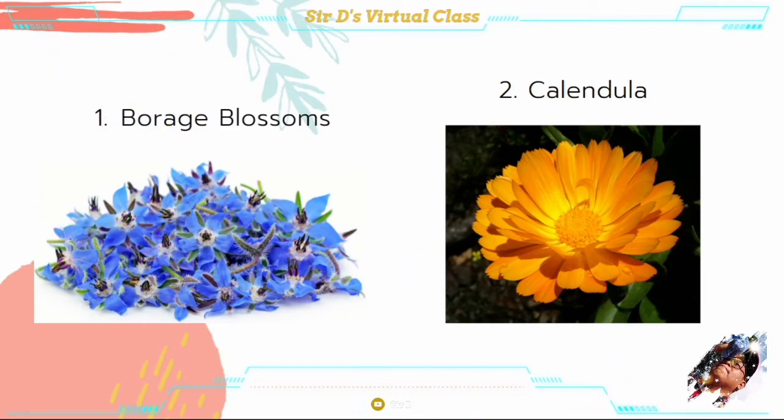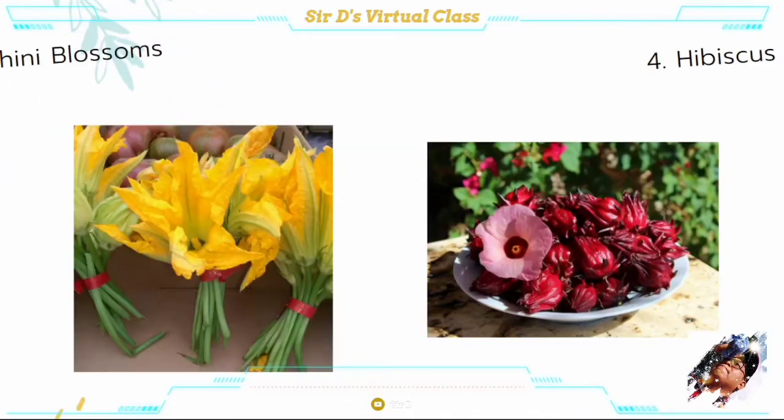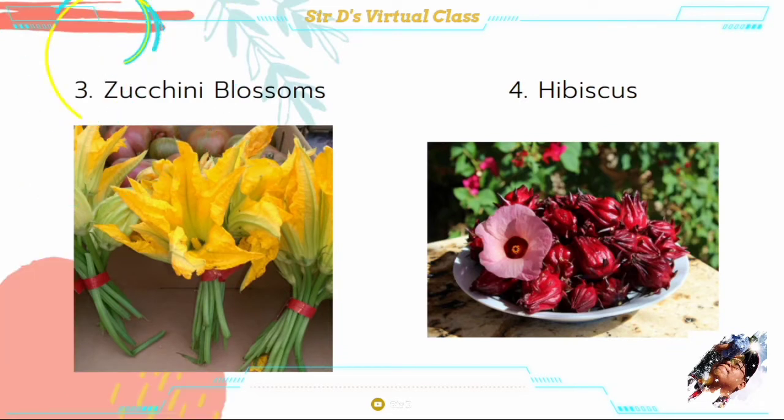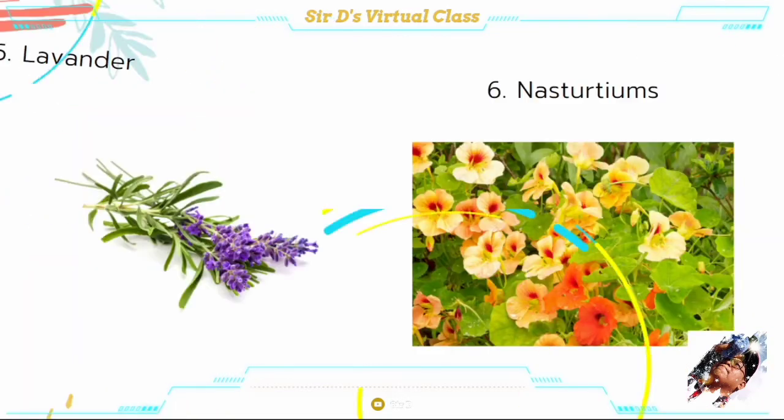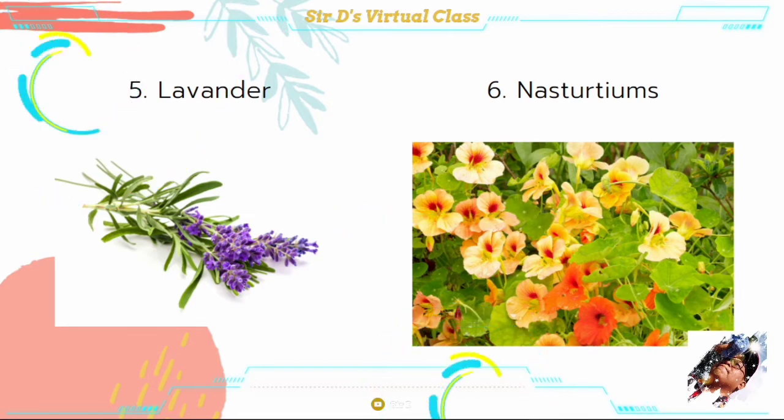You have some borage blossoms. And you have the calendula. Zucchini blossoms might look familiar to us. Hibiscus. Remember, it has only a variety that is edible. Lavender. Not only is it good for essential oils, it is also a good garnish.